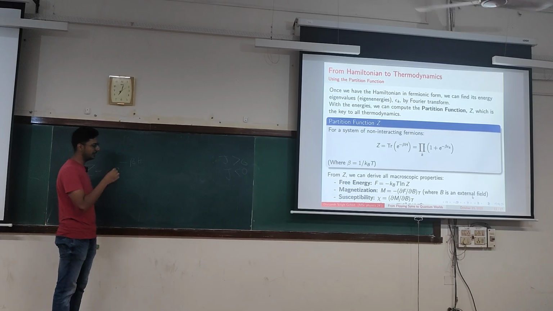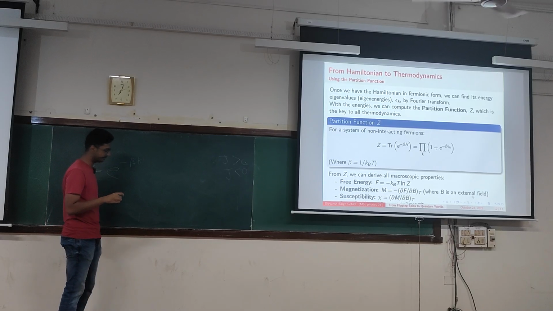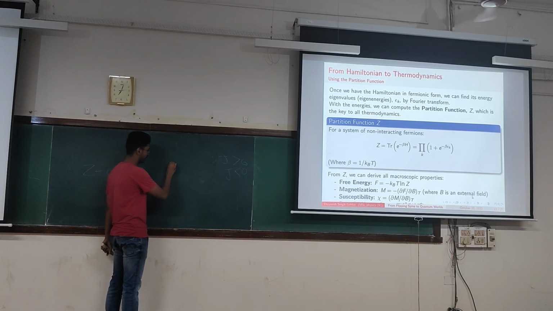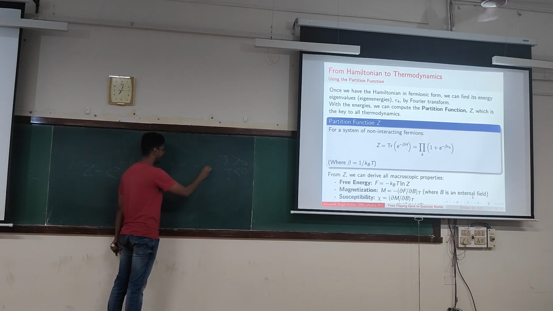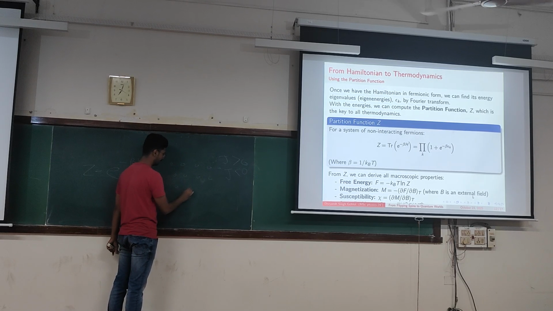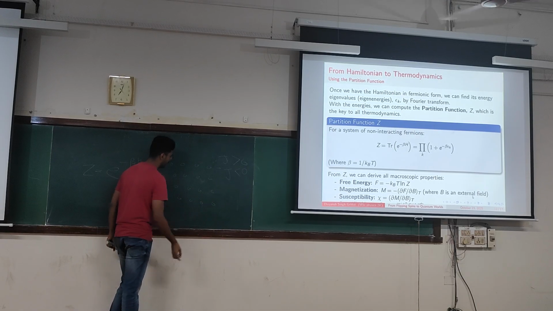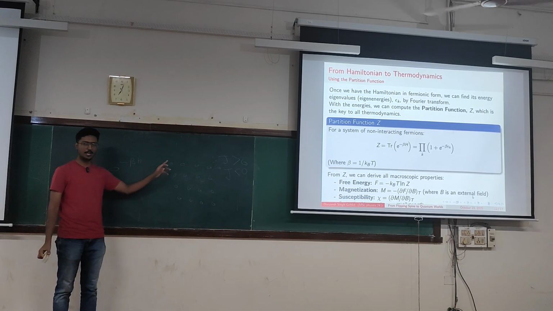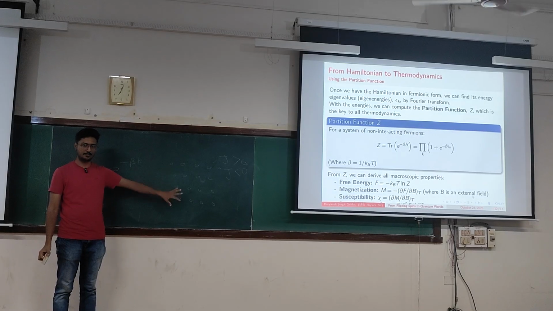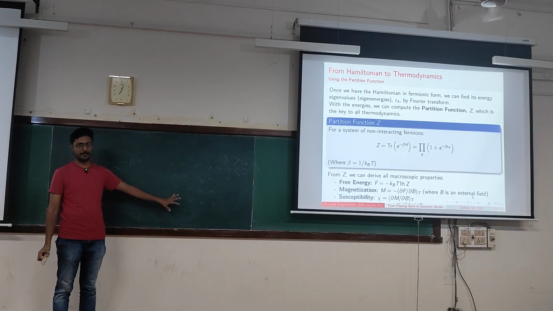What it basically means is, when you have a large number of particles, the more randomness this particle system has, the more it is favored.